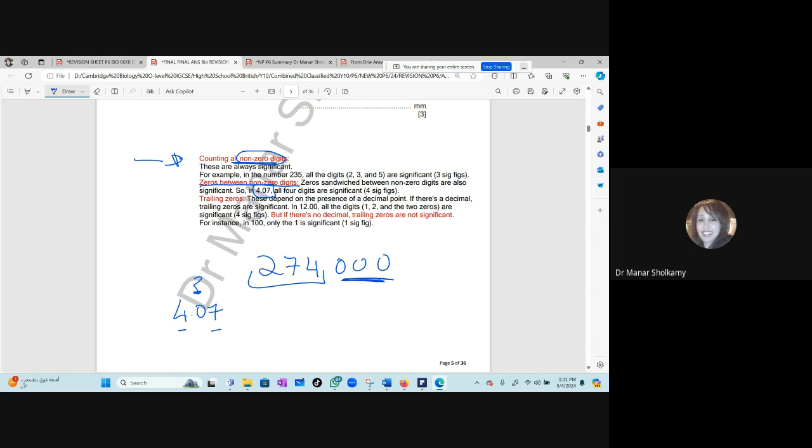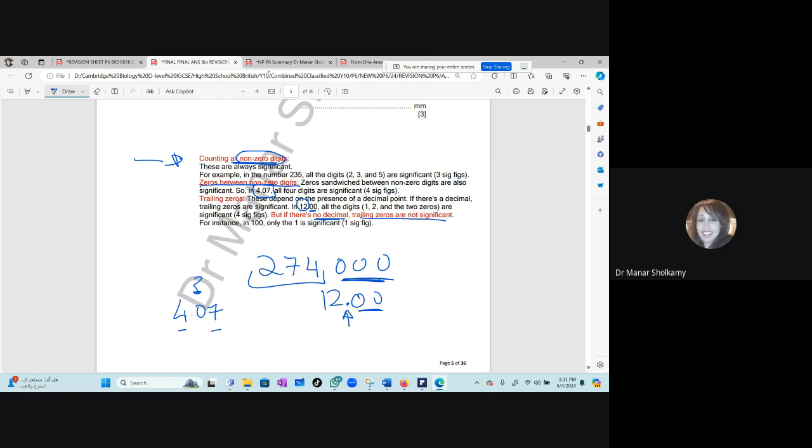Okay? And here, the trailing zeros depend on the presence of a decimal point. If there's a decimal point, then the trailing zeros are significant. In 12.00, you tell me, these 2 are significant or they're not significant? They are significant because there's a decimal. But if there is no decimal, the trailing zeros are not significant.